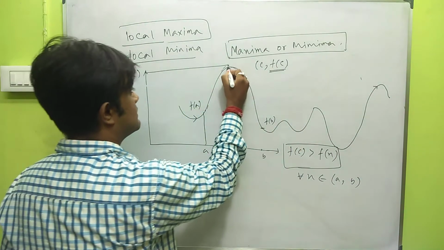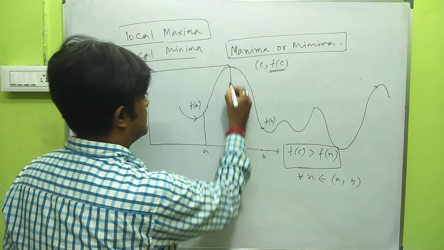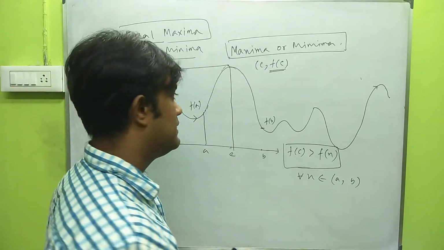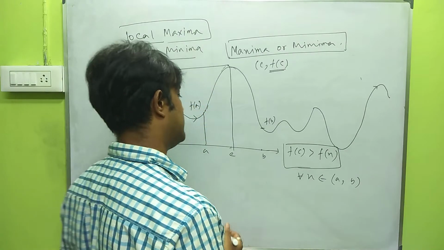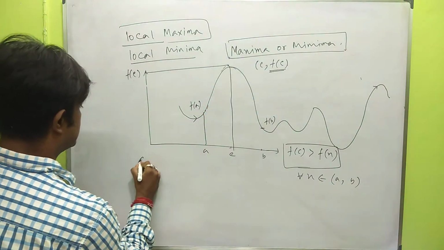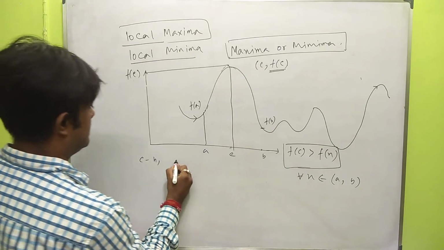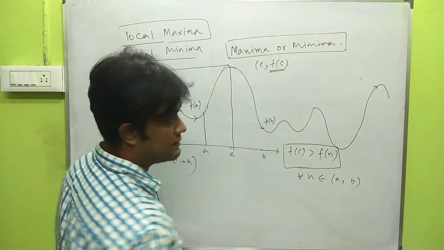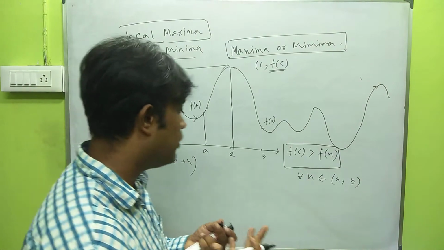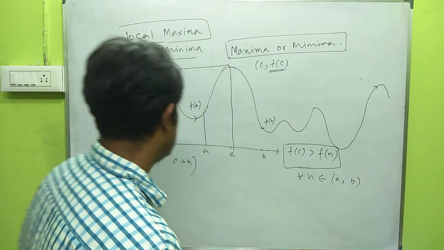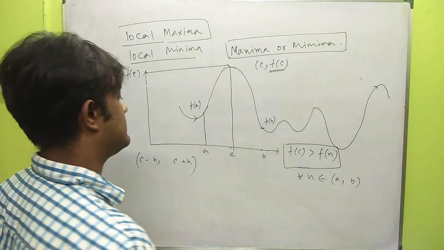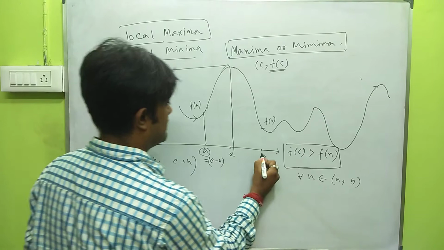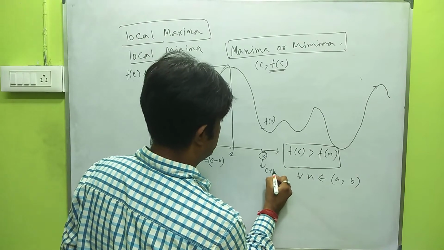Suppose we make a small interval, C minus h and C plus h, where h is a very small quantity greater than 0. Suppose a is equal to C minus h and b is equal to C plus h.